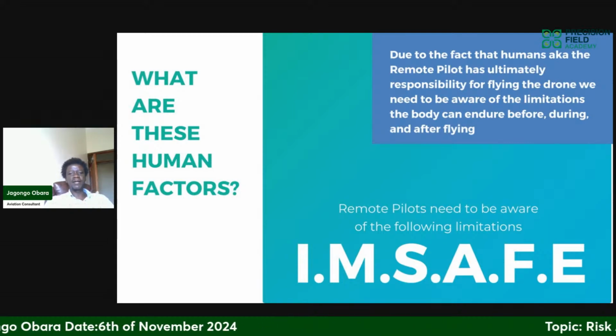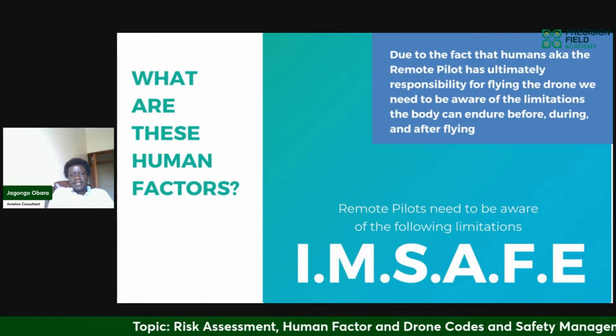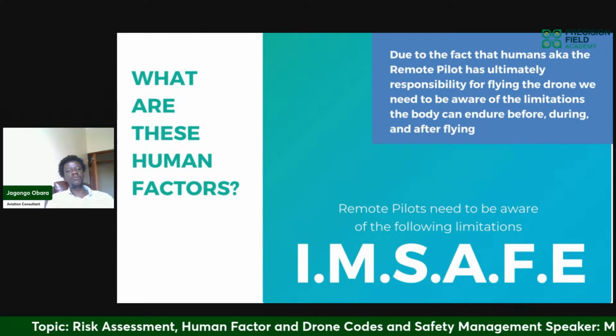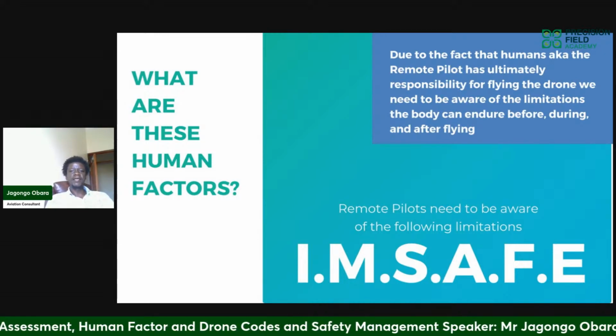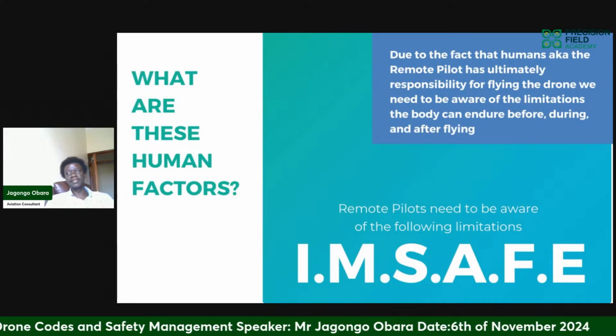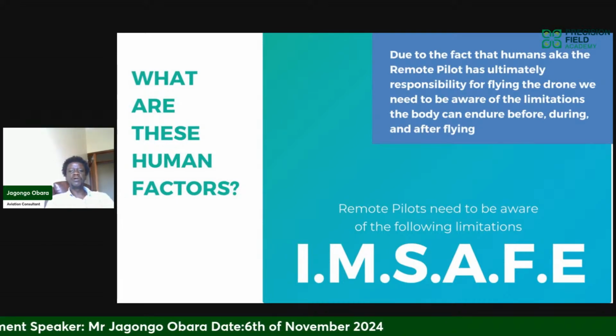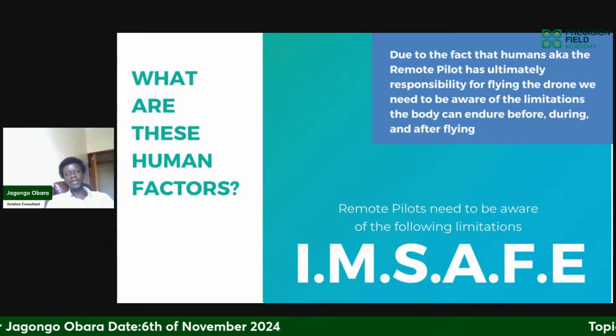And this is summarized in these elements: I AM SAFE. So we are going to be considering this as a checklist, a personal checklist that we do on ourselves as pilots, and in regards to the entire team as well that is operating, just to ensure that everybody is safe. So when we talk about, am I safe as a pilot?